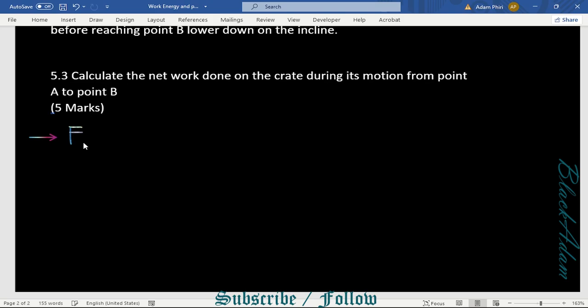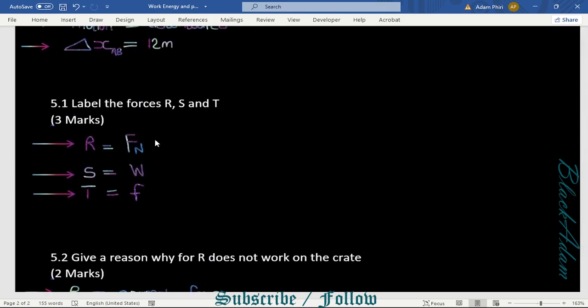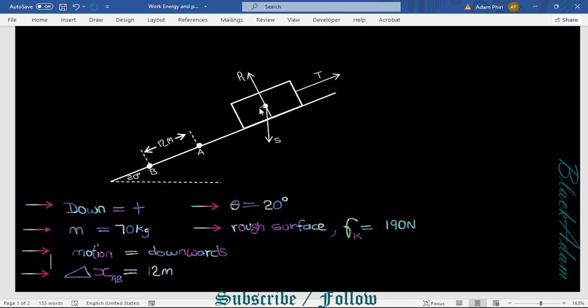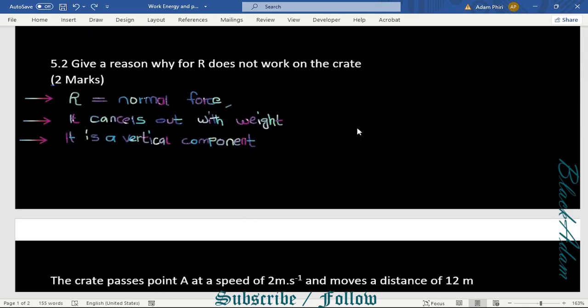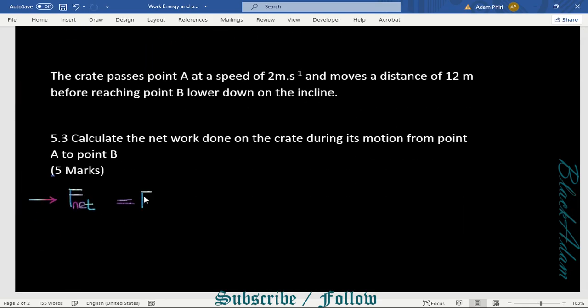We're required to find the net work. First we need to know the net force, because the net work is related. The force going down the slope is Fg parallel, so along the slope we have Fg parallel and friction.